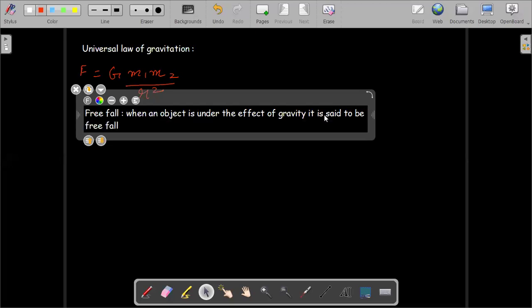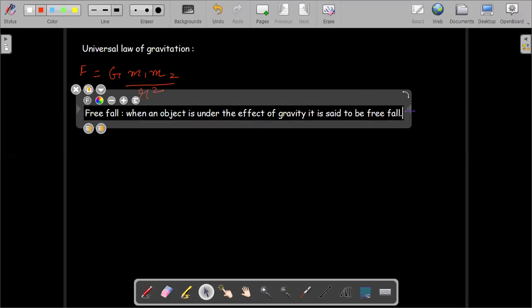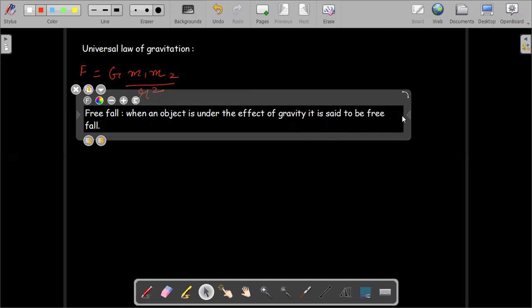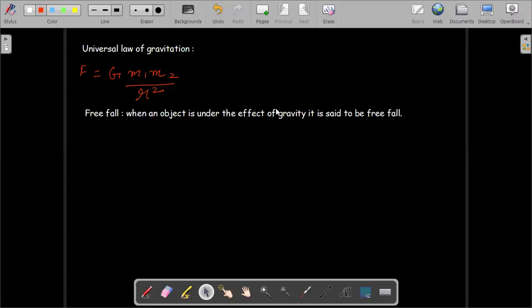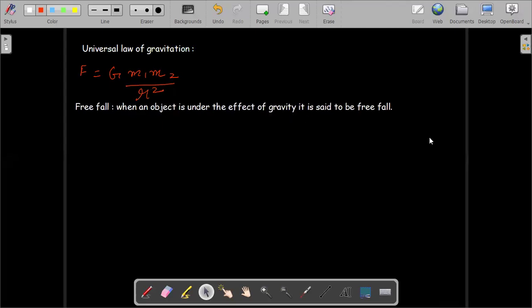So, when an object is just falling freely, it means it is under the effect of gravity only. There is only one force which is acting on it, that is the gravitational force. So we call this situation free fall. Right. So see what happens, how the object is going to free fall, and at that point we'll find out the acceleration in the body.